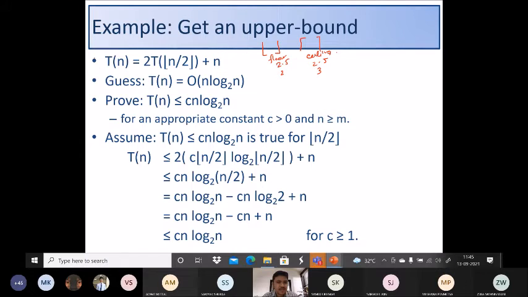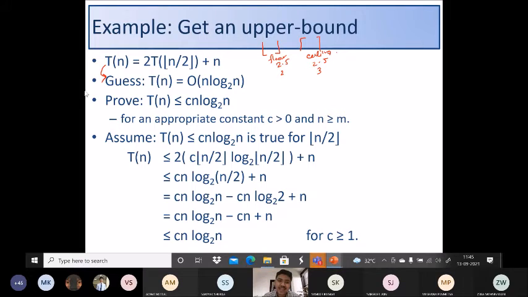Is it okay? Now the most difficult step, you have to guess the correct solution. So we have guessed T(n) = O(n log₂ n). Now you can ask me, is there any method to guess the solution? Otherwise in exam or in real life how would I guess?